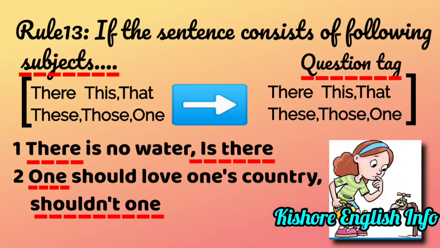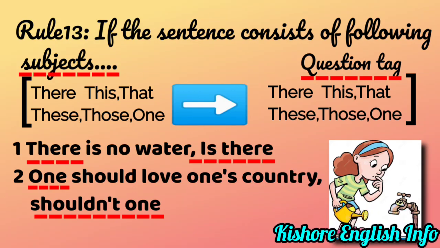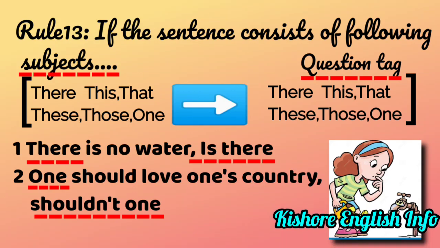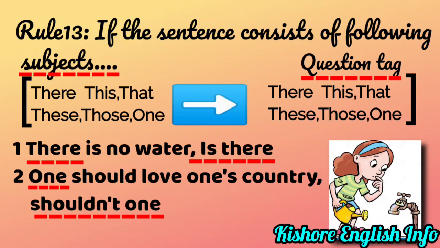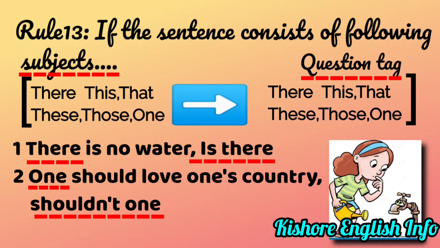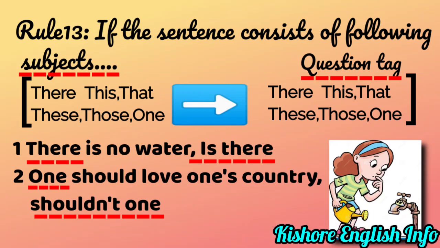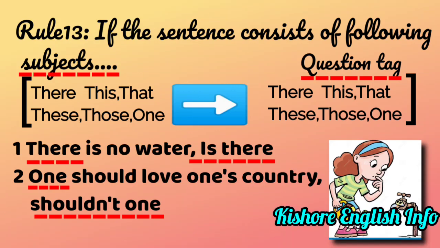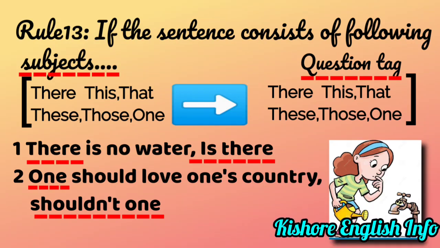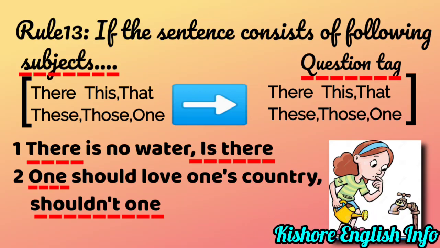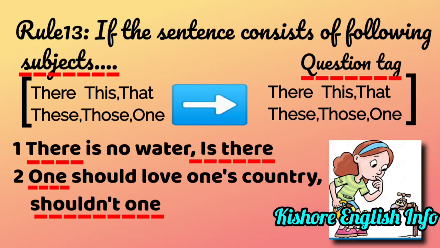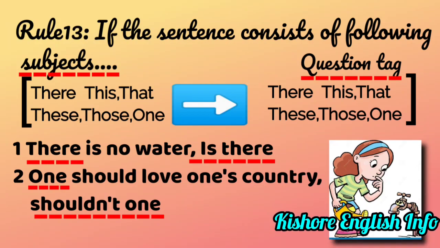There is no water, is there? One should have love for one's country, shouldn't one? There is no water is already negative, so we use a positive question tag: is there. The second sentence is already positive, so we use a negative question tag.